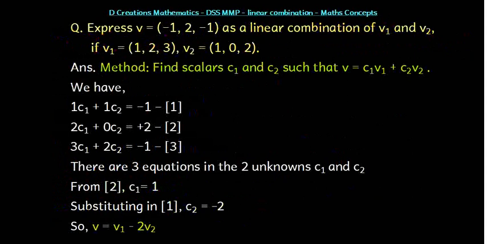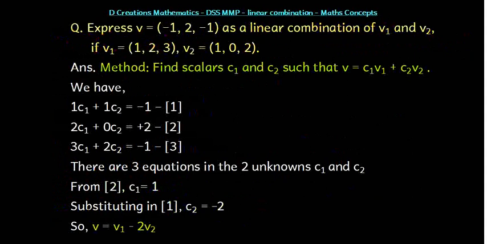Here the equations are really simple, because if you look at equation number 2, you can see that the term with c2 is vanishing. All you are left with is 2c1 is equal to 2, so obviously c1 is equal to 1. Now if you substitute this value of c1 into equation number 1, you get 1 plus c2 is equal to -1.